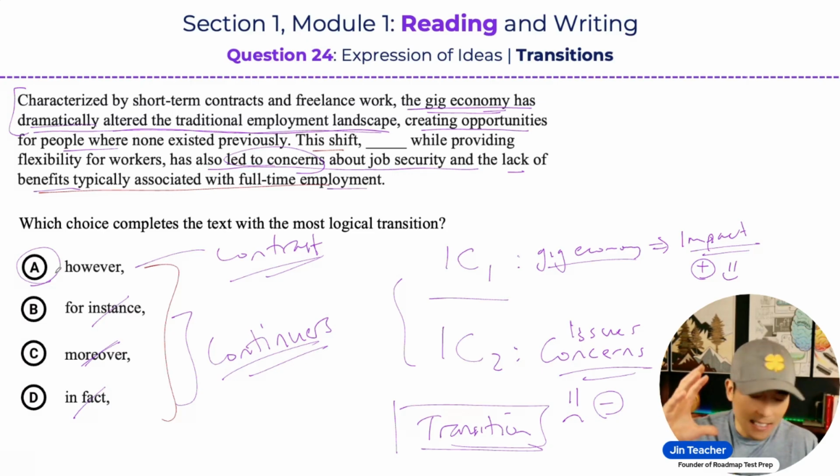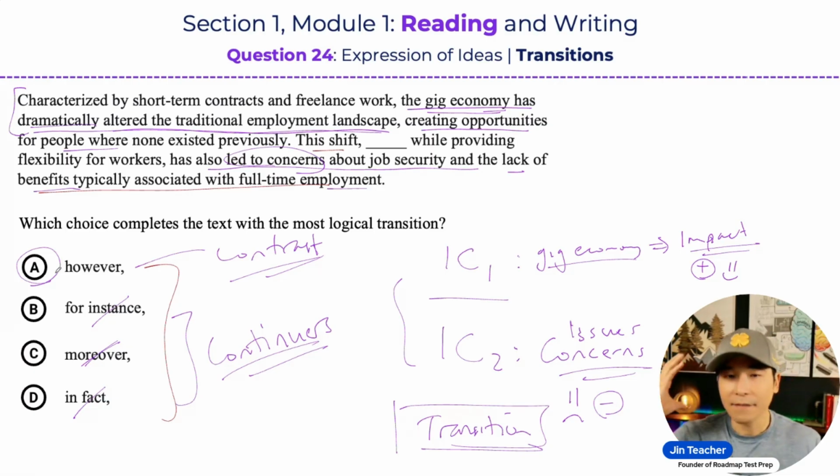Because look, I'm telling you, the biggest reason that students make mistakes on this test is because you are rushing. I've worked with over 7,000 students, and I know this to be a fact at this point. Rushing leads to mistakes. Trying to do too many things at once leads to mistakes. Not thinking systematically leads to mistakes.